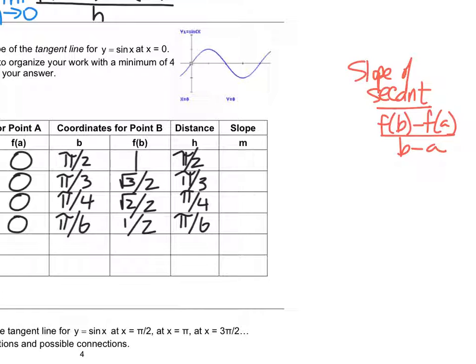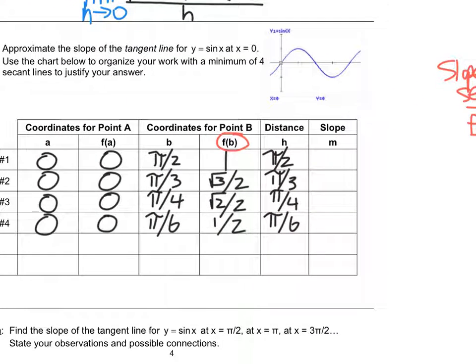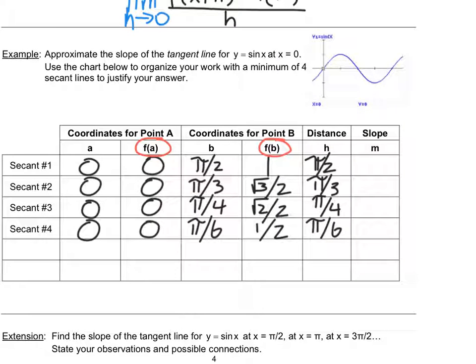So if I take my f of b and subtract from it my f of a, it's just going to be my f of b again, right? And we already know that the b minus a is just the b column, or h if you want.